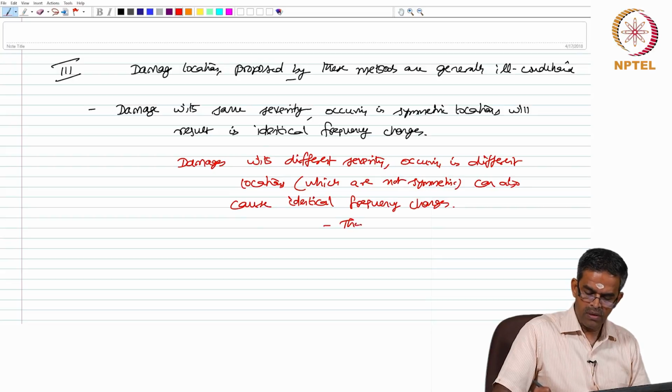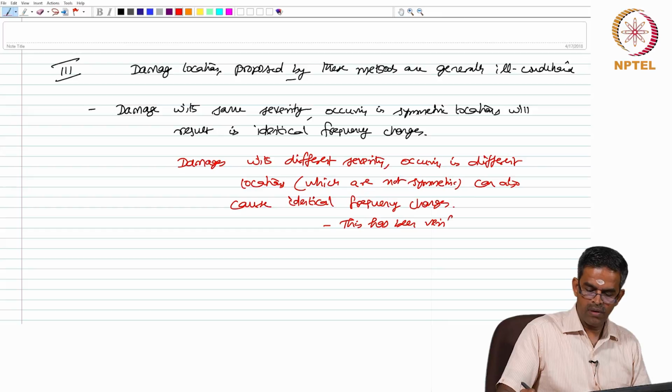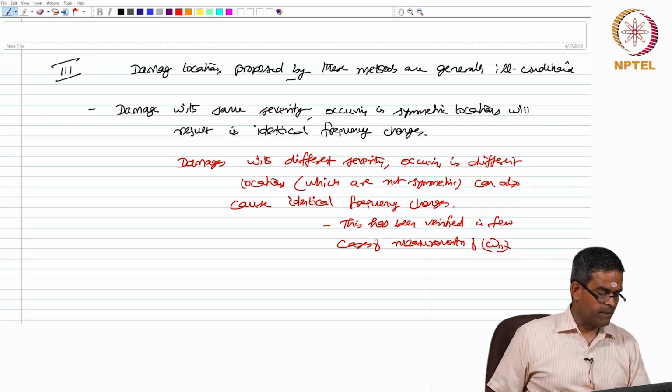This has been verified in few cases of measurements of natural frequency.